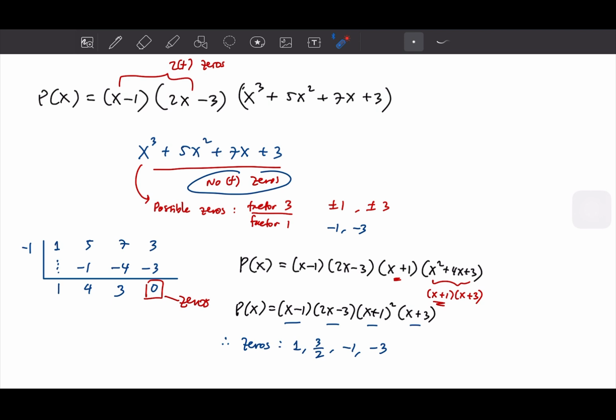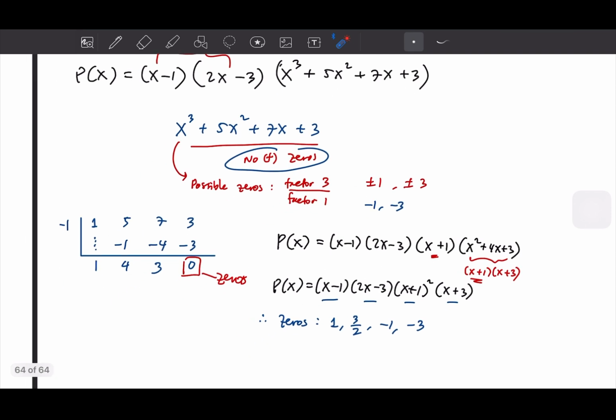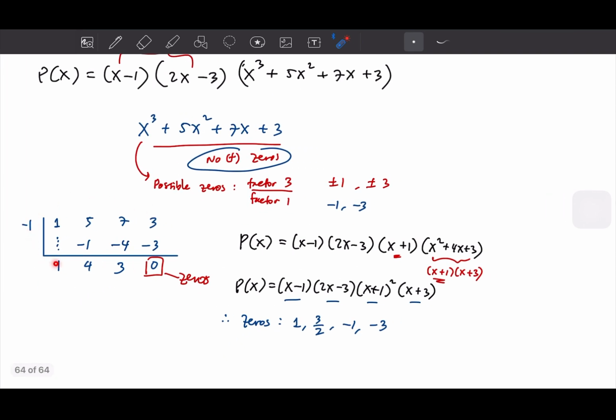So we could continue solving the synthetic division. And we get that it's not having any positive zero because of the Descartes rule. So the only way is just checking negative one, right? And negative one, we check, and okay, it's zero.